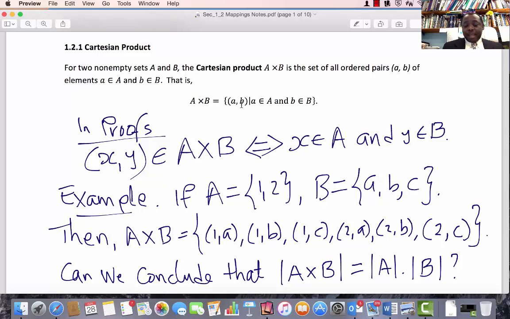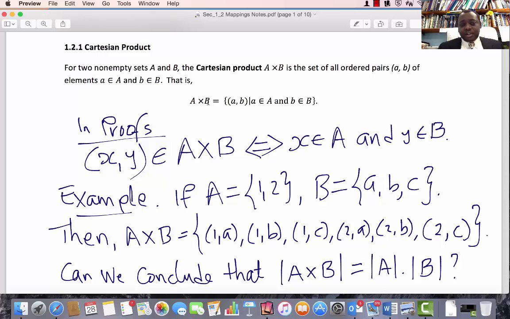This is an ordered pair. What that means is that (a, b) is not the same as (b, a). So if you see an ordered pair, that means the little a is from the set A and the little b is from the set B.